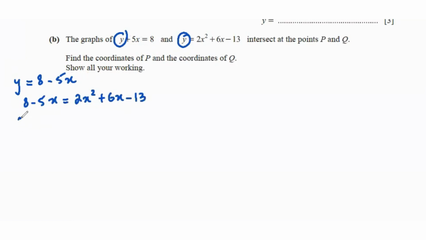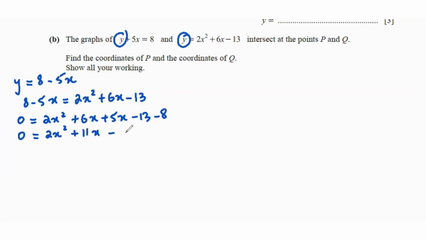Bring everything to one side. 0 equals 2x squared plus 6x plus 5x now, minus 13 minus 8, which is going to give us 11x minus 21. So now we're going to factorize this quadratic equation.